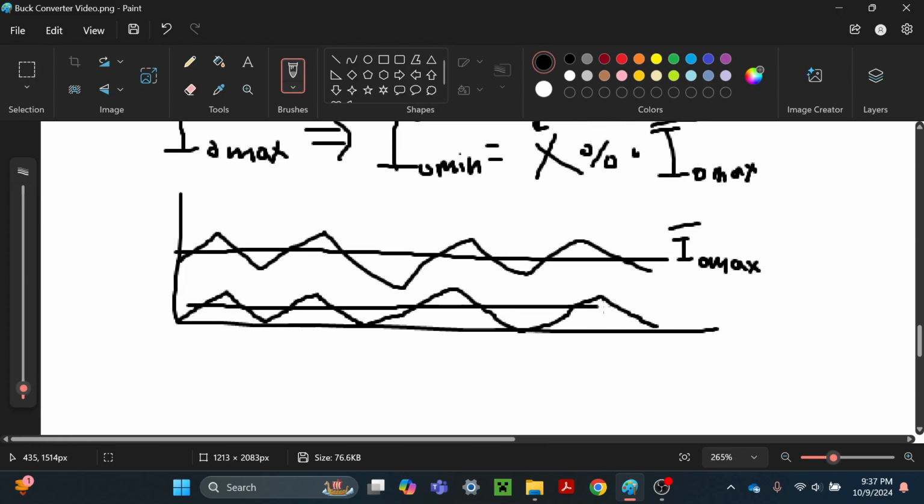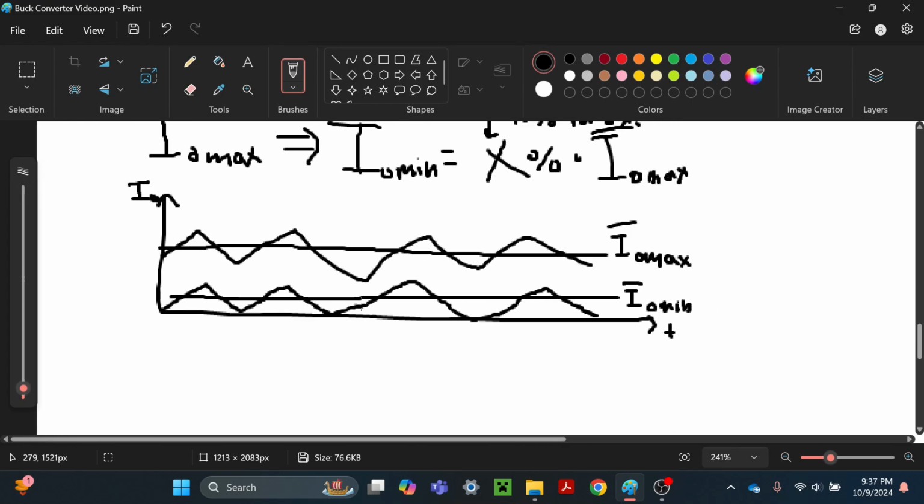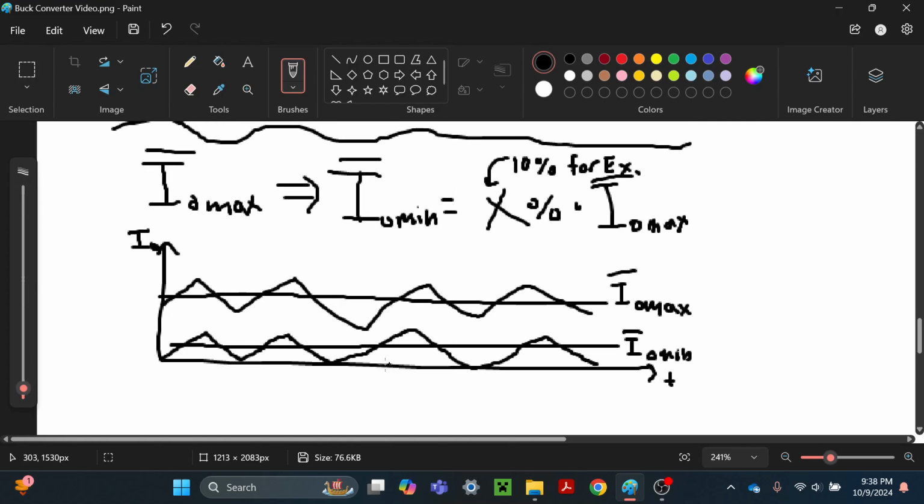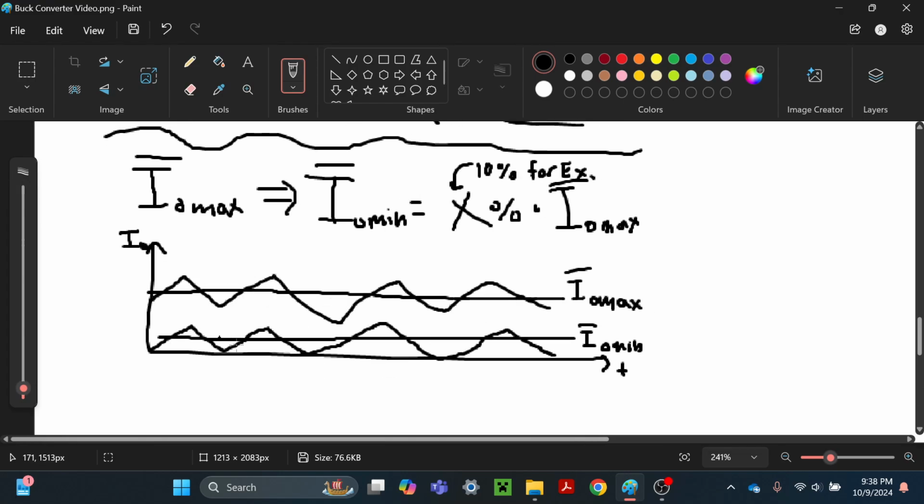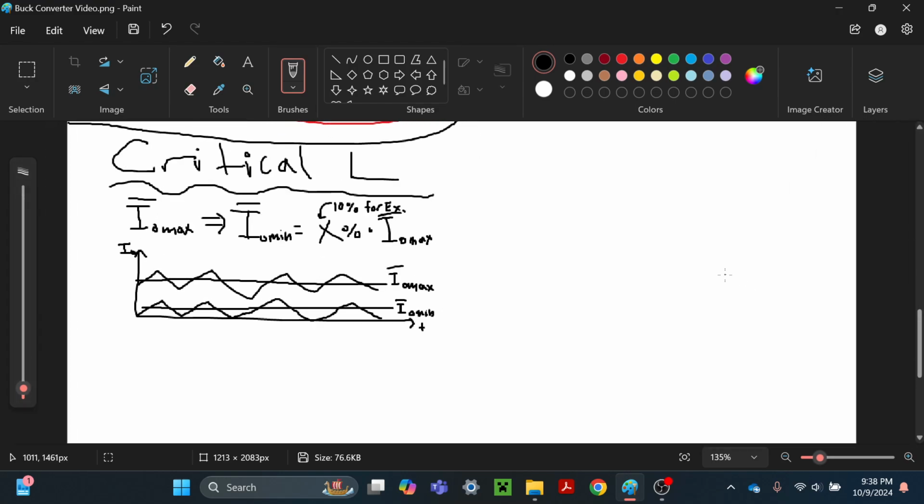And then this is going to be I out min. This is I out. This is T. Okay, so how do we calculate what inductor will provide us with barrier conduction mode at some minimum output current? That's what we'll calculate now.